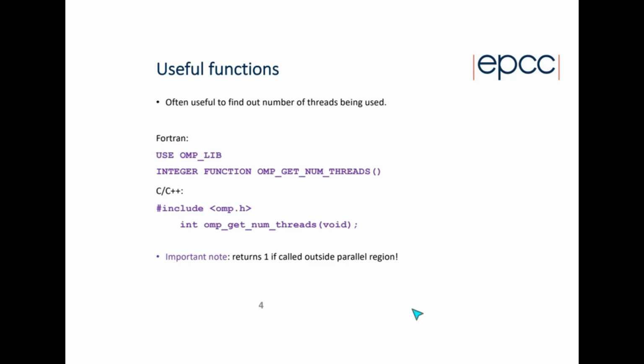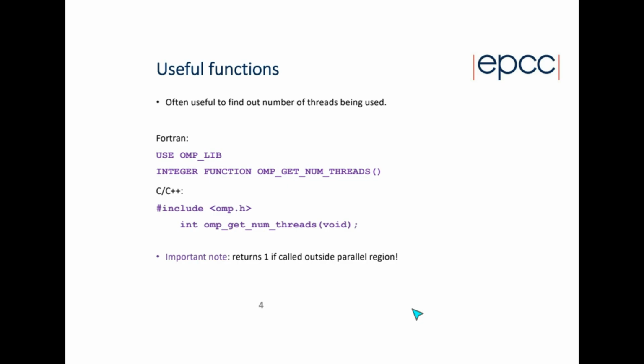Okay, so if we're just going to program with bare parallel regions and nothing else, which turns out to be a bit unusual, it's still useful to know how to do that. There are a couple of useful functions in order to be able to find out how many threads are being used and distinguish between the different threads executing.